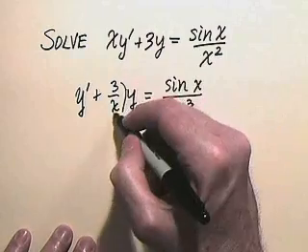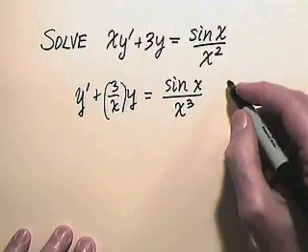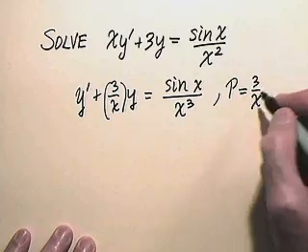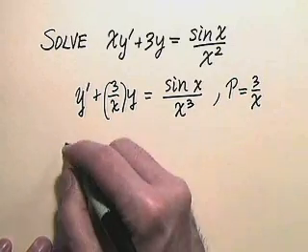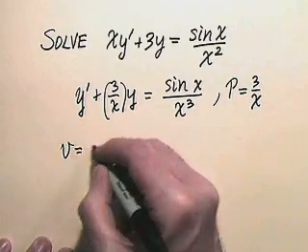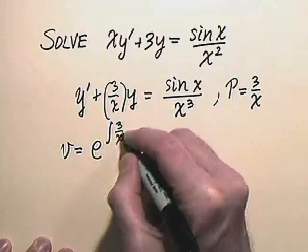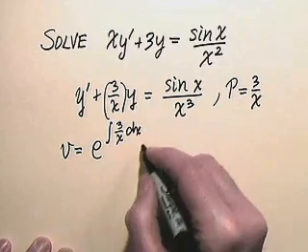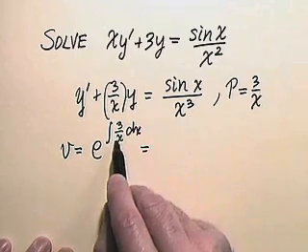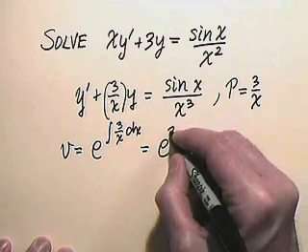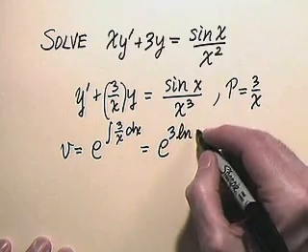So now we see that in our standard form, this 3 over x is what corresponds to the p. And so our integrating factor is v equals e to the antiderivative of 3 over x dx. Well, the antiderivative of 1 over x is natural log x, so this is e to the 3 natural log x.